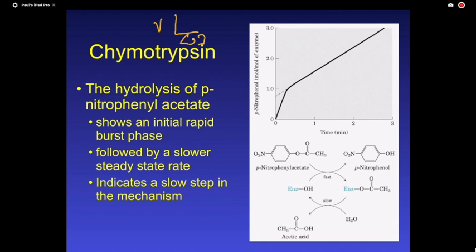After that, the enzyme can go no faster than the release step. This is where we get to the steady state, and we can do all the kinetics about it. That front part, we can't do. That's not the steady state at that moment in time. So there's something different about chymotrypsin. We can look for burst phases in enzymes to understand there's at least 2 steps, one of which is slower.